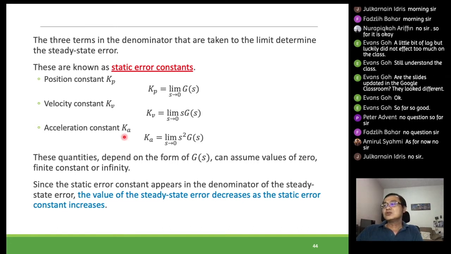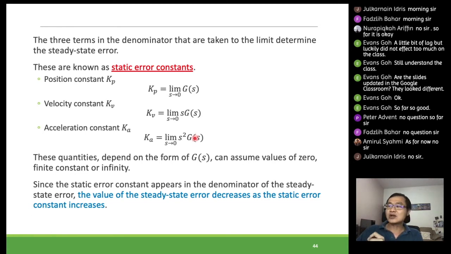So what we can see in this type of steady state error is that when we say static error constant instead of steady state error, if we want to decrease the steady state error, we want to increase this constant, the higher the better.